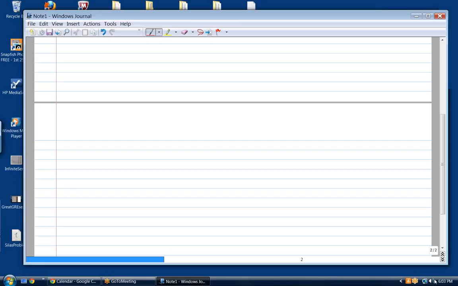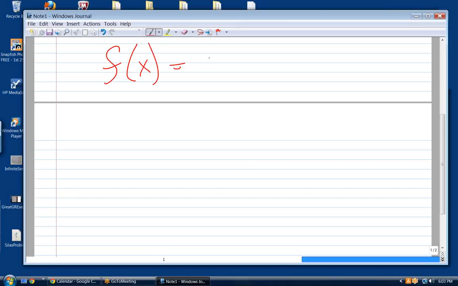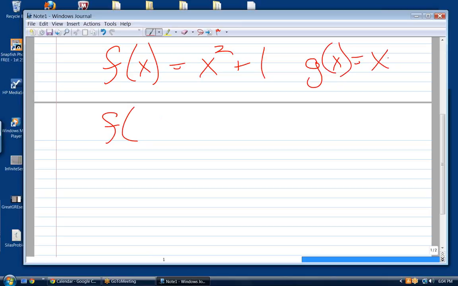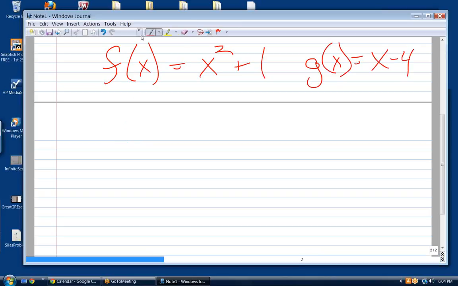Alright, it says evaluate the indicated function for f of x equals x squared plus 1 and g of x equals x minus 4. And then it's f over g in parentheses, then -1 in parentheses.